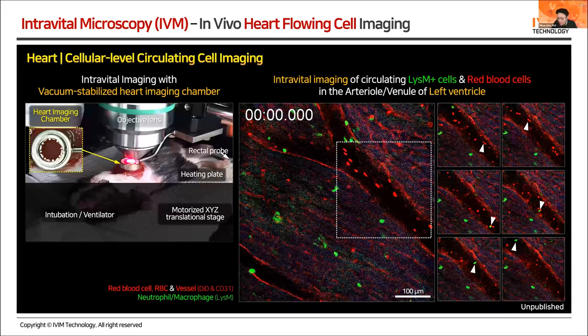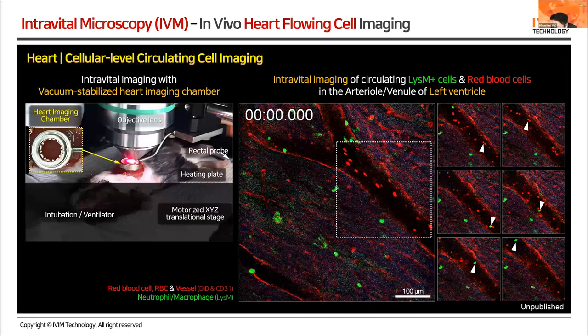It depends on how much laser power you put in. Typically, it's relatively easy to image up to 300 to 500 micrometers. But when we crank up the laser power more, we can go even further, like 600 to 700 micrometers into the brain. In the cortex, almost layer 4 or 5 neurons can be visualized using two-photon imaging mode.